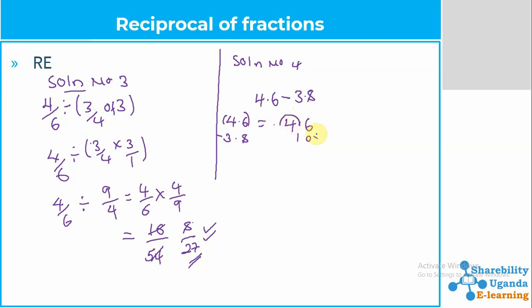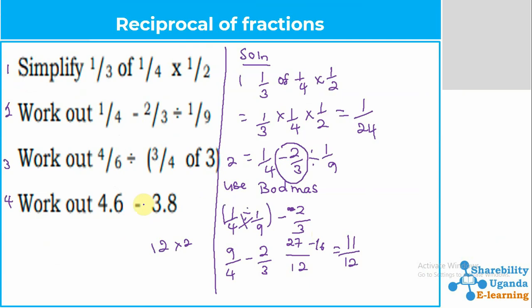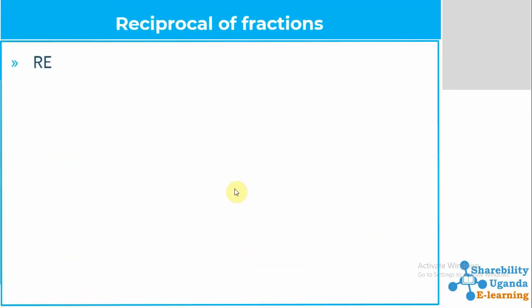Okay, so this one is going to be 0 point what? Okay, let's try this out, or we can just subtract. Let's look at the question very well. We have our 4.6 minus 3.8. Okay, that is right.